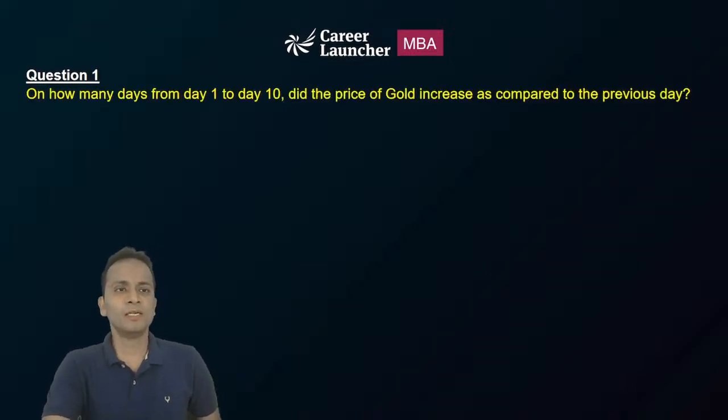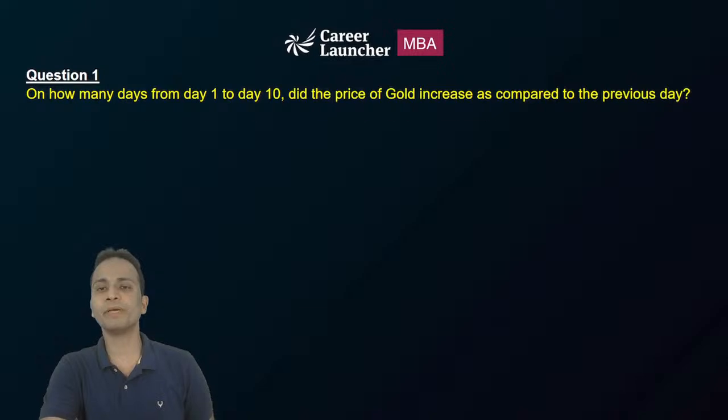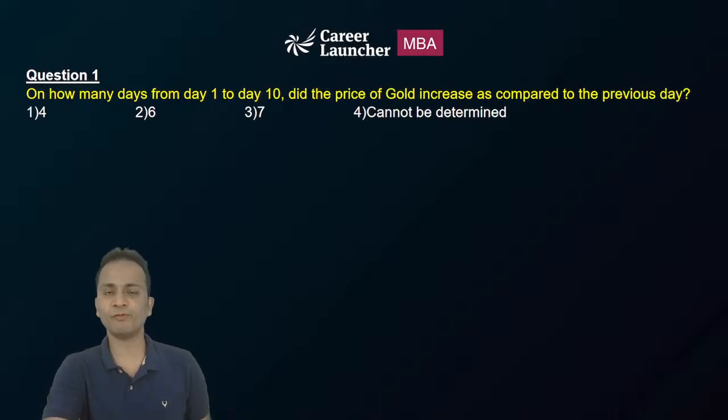So question number 1 on your screen. On how many days from day 1 to day 10 did the price of gold increase as compared to the previous day? You are given 4 options: 4, 6, 7, or cannot be determined.